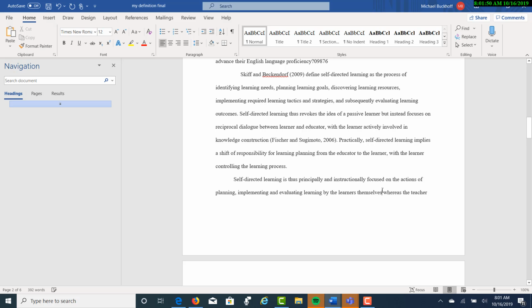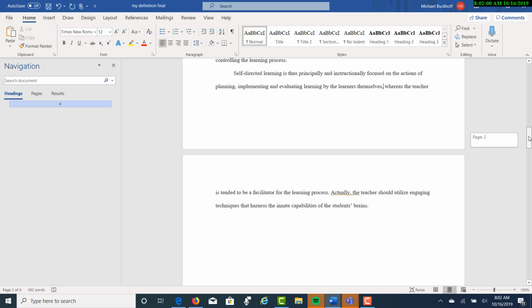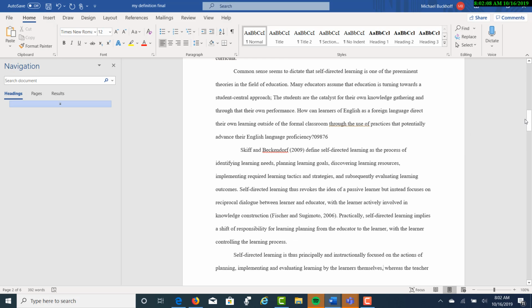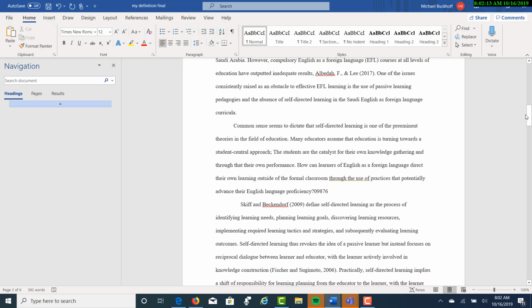Maybe throw the comma here, separate the dependent clause, whereas the teacher is tended to be a facilitator for the learning process. Actually, the teacher should utilize engaging techniques that harness the innate capabilities of the student's brains. So those would be some changes I made. I didn't make many changes in the first two paragraphs because they should probably be refocused more on definition.